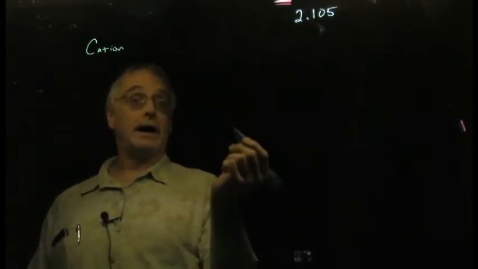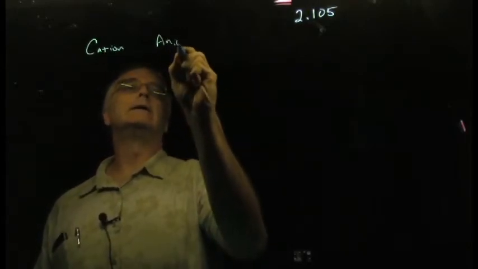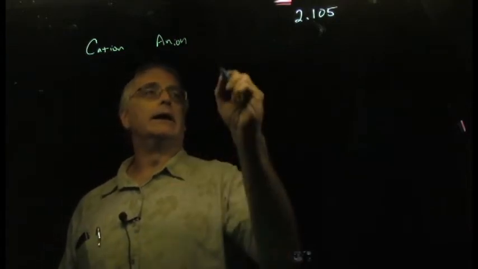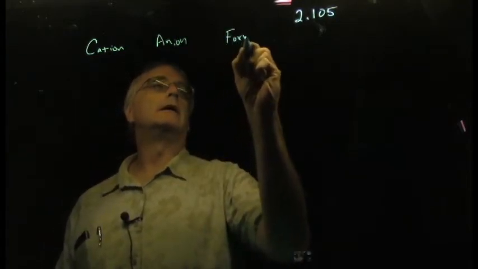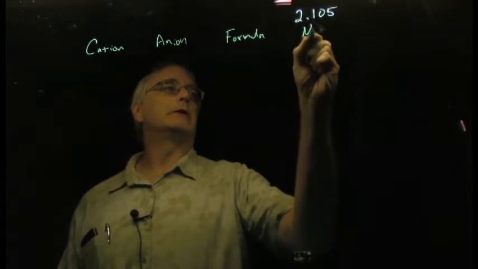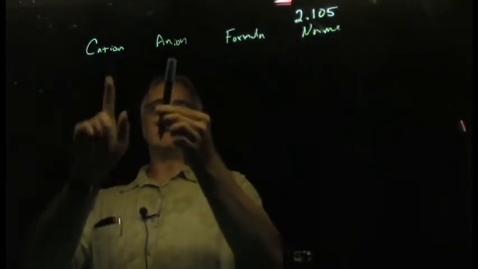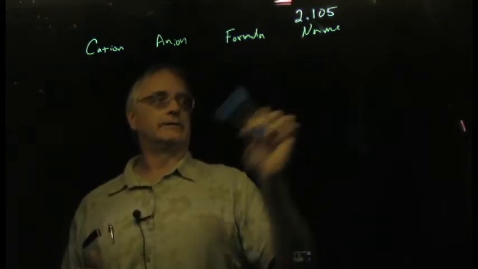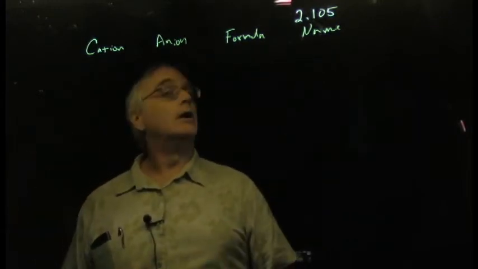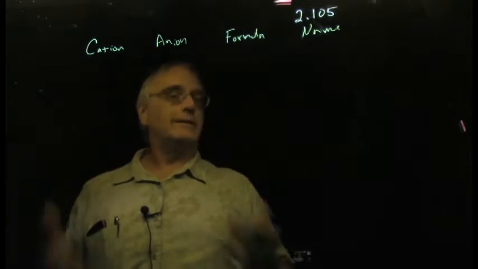They have the word cation, which is positive ion, anion, the negative ion, and then formula and name. And in this table, they're going to give us either these or just that or just this, and expect us to fill in all the others. And so that's what we're going to do.